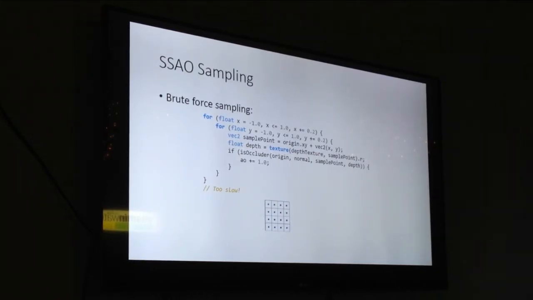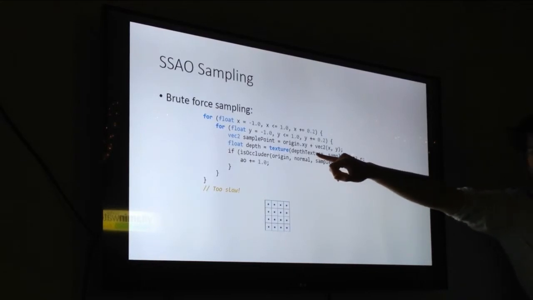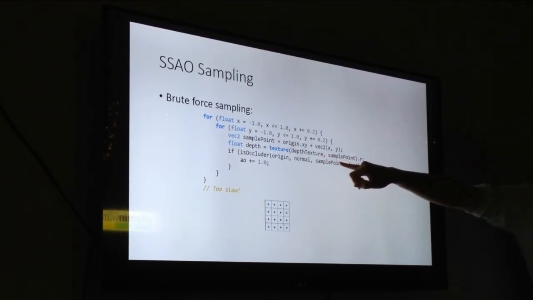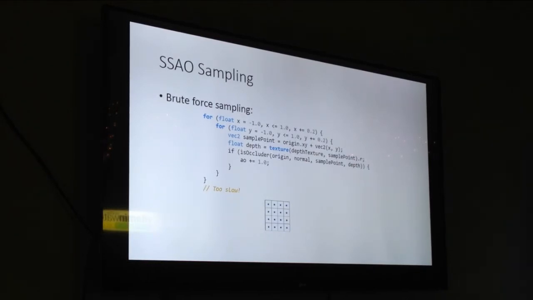For every x direction, every y direction, we look that way and read the depth texture, which tells the depth at that point. I want the depth of that compared to my depth, because that will tell me if it is blocking my ambient light. If it blocks my ambient light, we add to some occlusion number, and then we divide by the total number of samples.